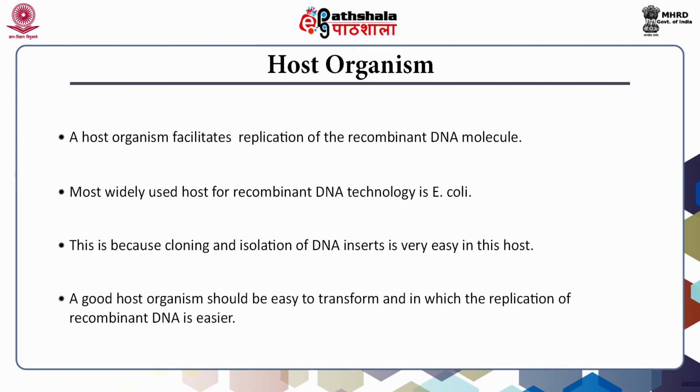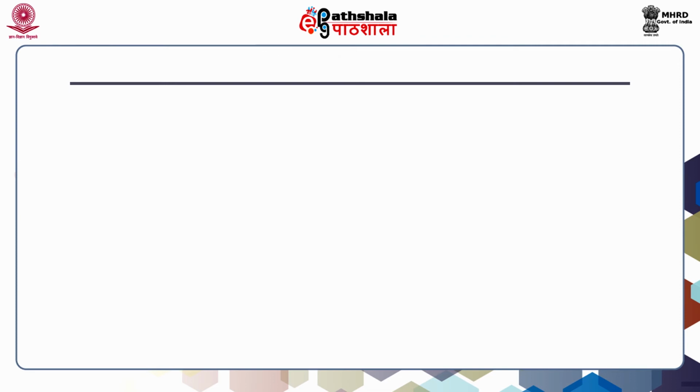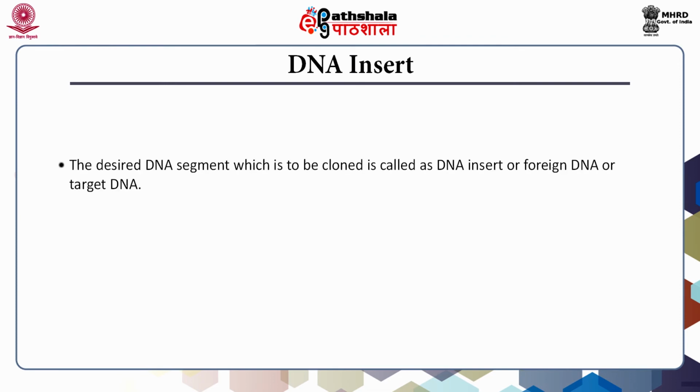A good host organism should be easy to transform, and the replication of recombinant DNA should be easy. The desired DNA segment which is to be cloned is called the DNA insert, foreign DNA or target DNA. It can be of viral, plant, animal or bacterial origin.